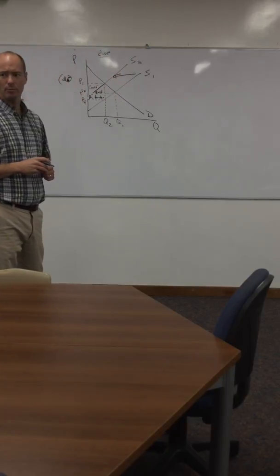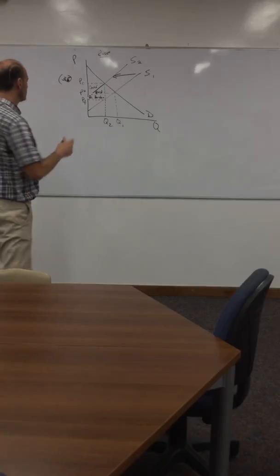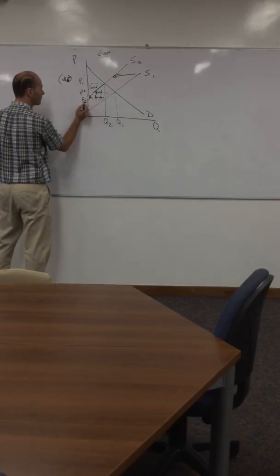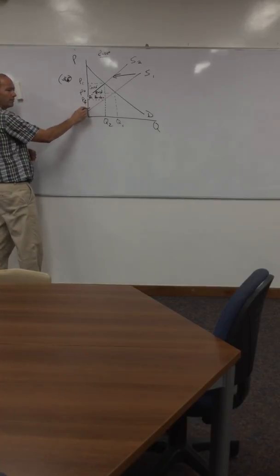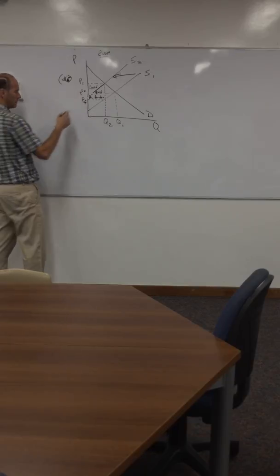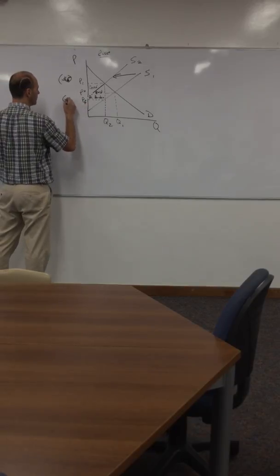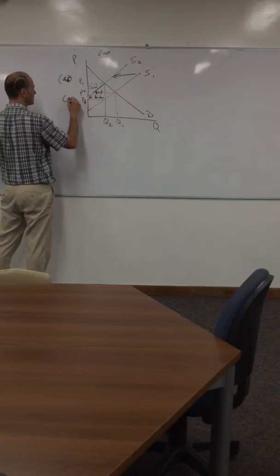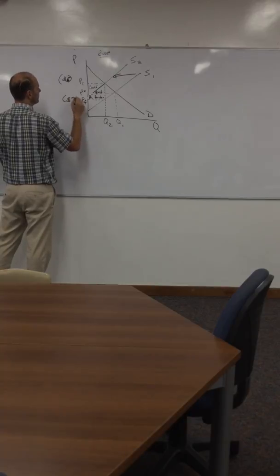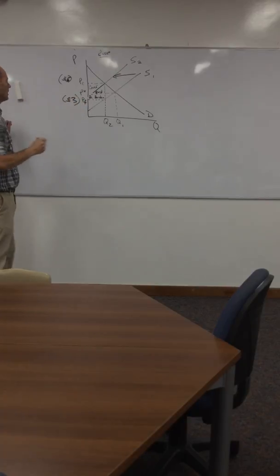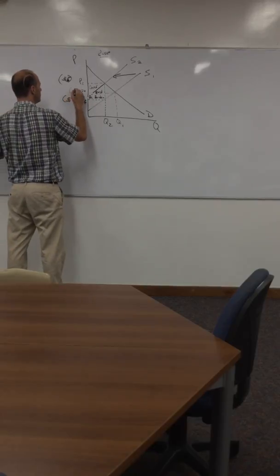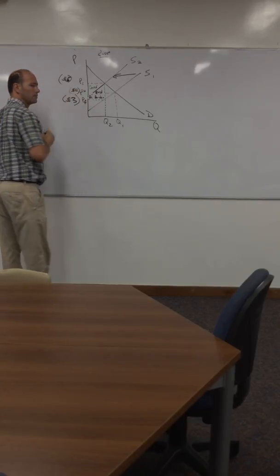The firm is left with what? $3. That would be this, P sub F. Let's call that the price that the firm receives. Okay, so F for firm. If it's a $2 tax, then the firm receives $3. Let's just say the equilibrium price was 4.